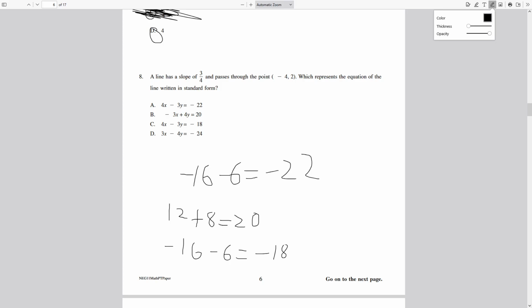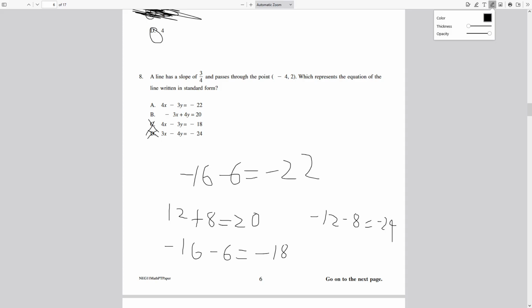That's false. So it can't be C. Then -12 minus 8 would equal -20. Yeah, that's not right either, so that's out.